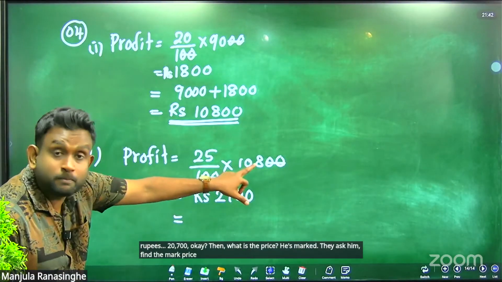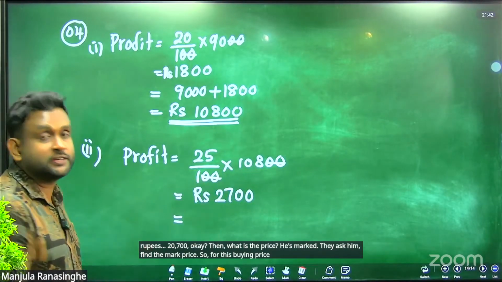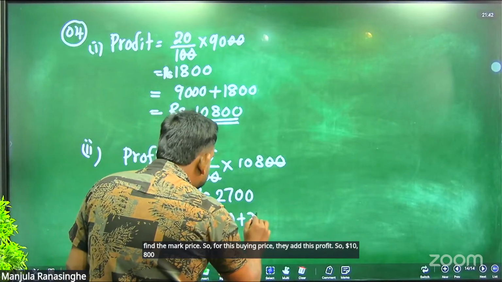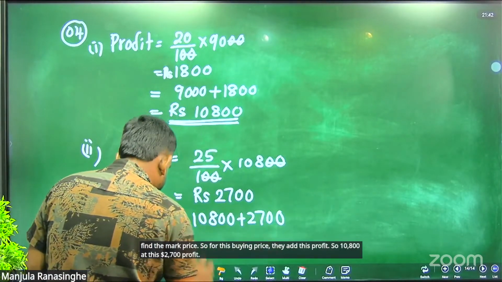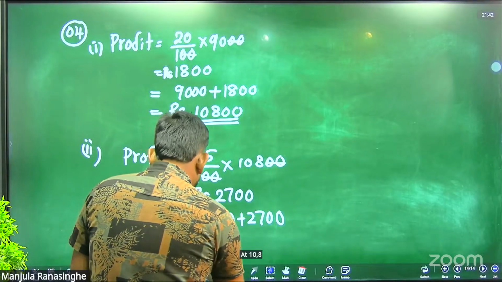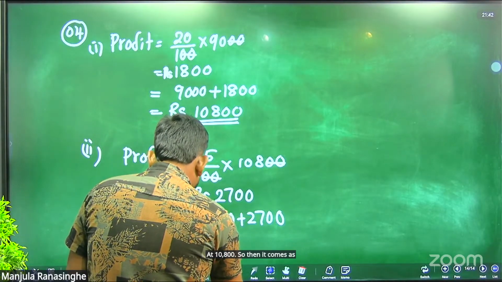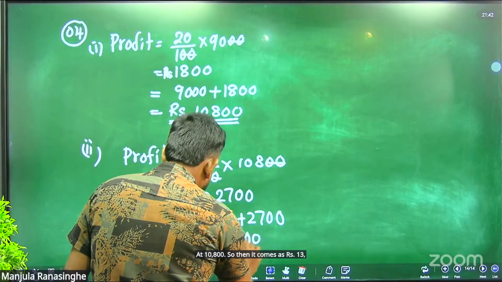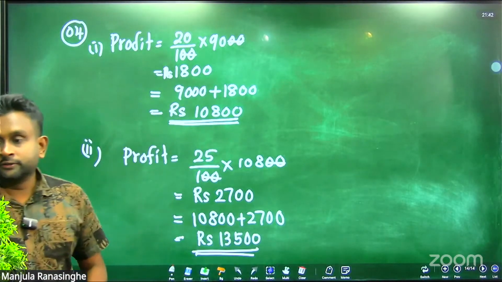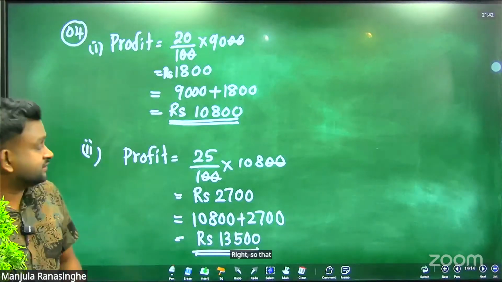So for this buying price, they add this profit. So 10,800 add this 2,700 profit, then it comes as rupees 13,500. Right, so that is the mark price, 3 marks there.